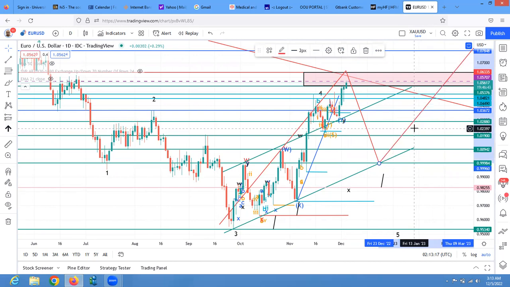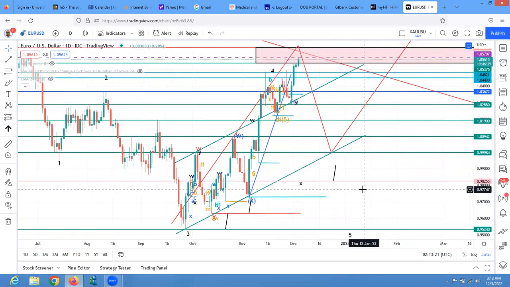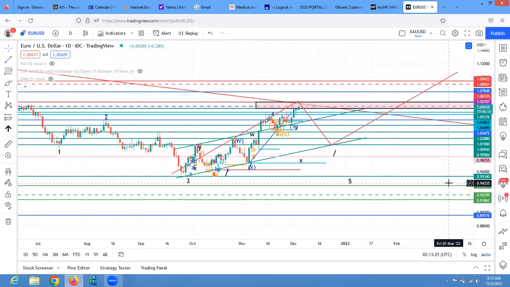We may now see this. So as the equal leg to finish this wave, which may be around the area that I pointed out, but we need to see how this one will correct first. So this is what we are looking for.